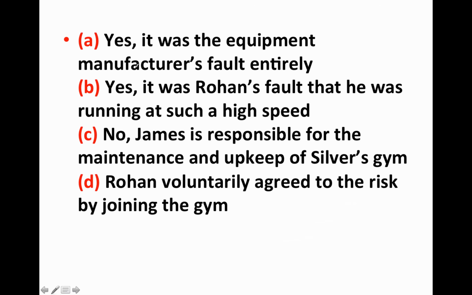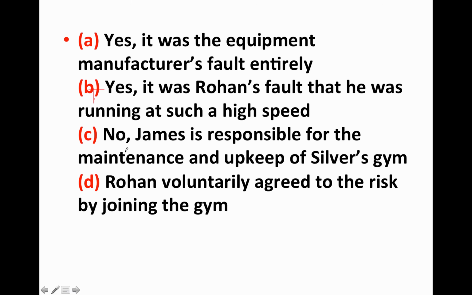Let's have a look at other options. Option B says yes, it was Rohan's fault that he was running at such a high speed. No, this is completely wrong. It does not say anywhere that running at high speed should have been prohibited or that the machine was not capable of handling high speeds. The third option says that James is responsible for the maintenance and upkeep of Silver's gym.